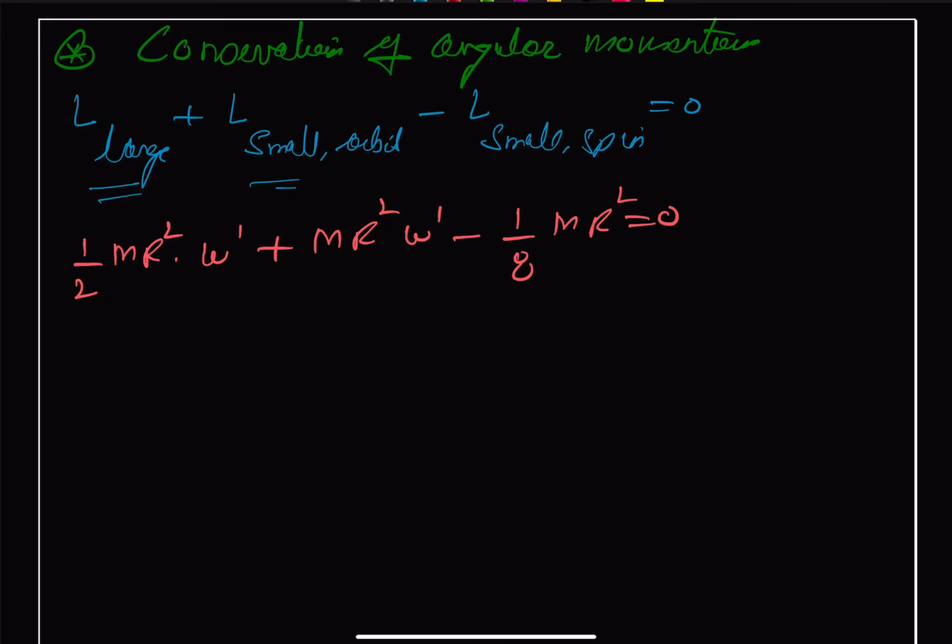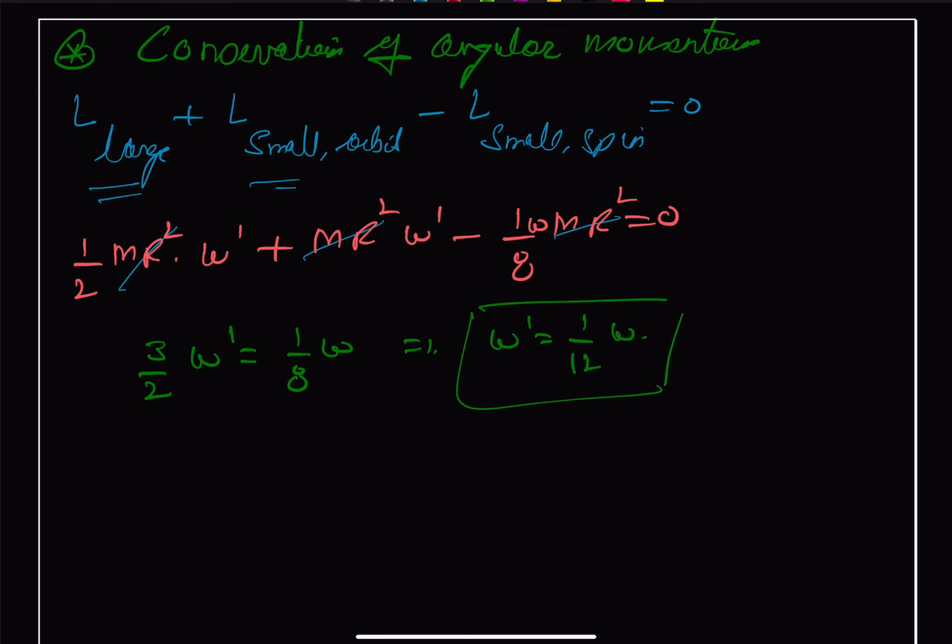Here m r square we can just take out, and we get 3 by 2 omega prime is equal to, here I forgot to mention omega, 1 by 8 omega. So we get that omega prime is equal to 1 by 12 times omega.